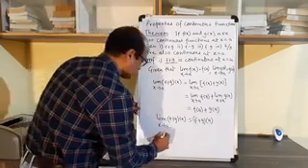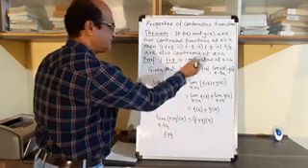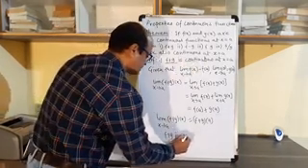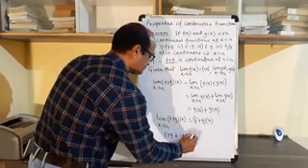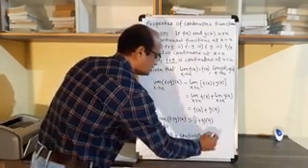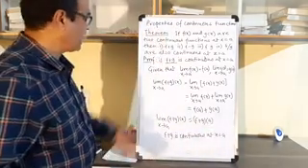Therefore, by using this definition, f plus g is continuous at x is equal to a. So this is a very simple proof here.